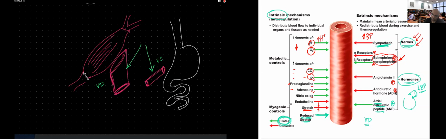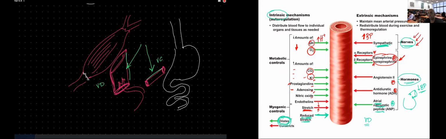All right, so you don't want to dilate the blood vessels going to the gastrointestinal tract as well as the ones going to your skeletal muscles. You want to dilate only the ones in the skeletal muscles and to constrict the ones going to your gastrointestinal tract for the blood to shift from your gastrointestinal tract towards your skeletal muscles.